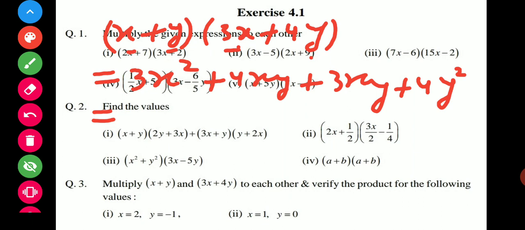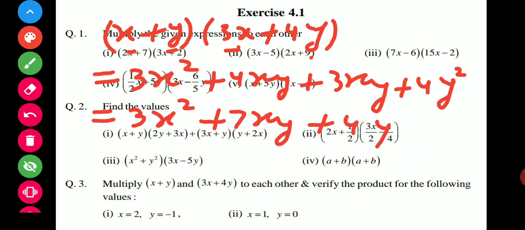So what will happen? 3x square, 4 and 3 is 7xy, plus 4y square. So 3x square plus 7xy plus 4y square. Clear? Now put it into left hand side and right hand side separately.